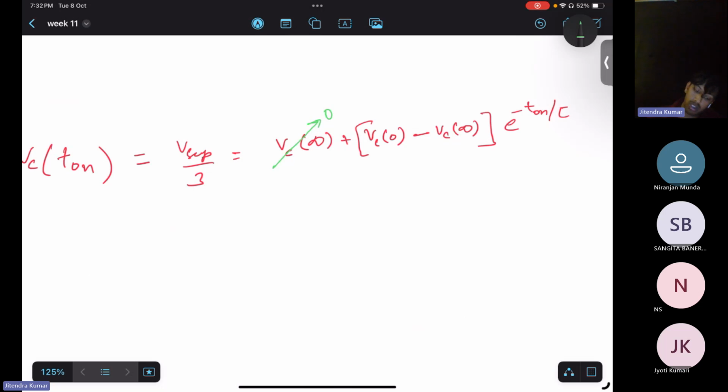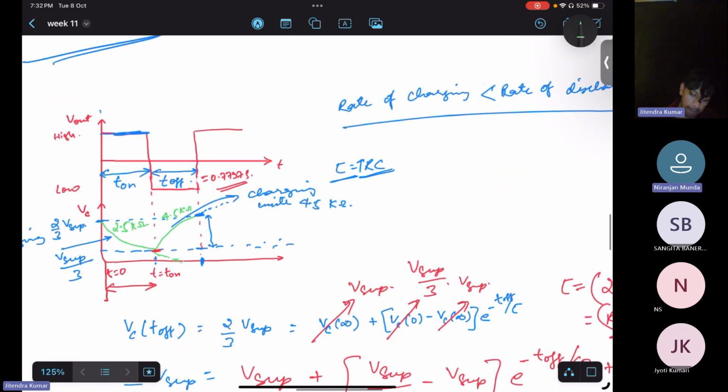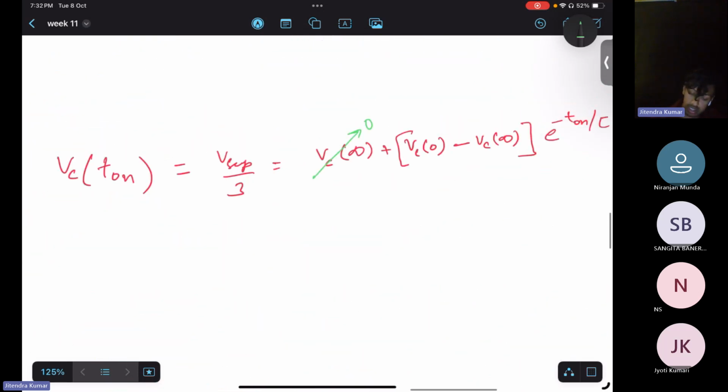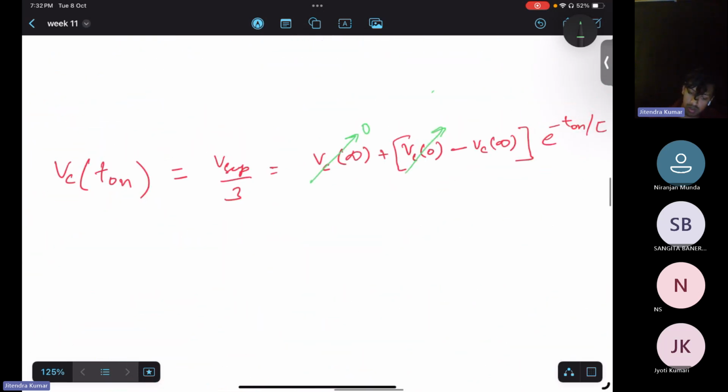Now VC at 0 is equal to how much? 1/3 V supply? VC at T equal to 0 here. 2/3, isn't it? It is starting from 2/3, starting falling from 2 by 3 of Vs. Right, so VC at 0 is equal to 2 by 3 V supply.